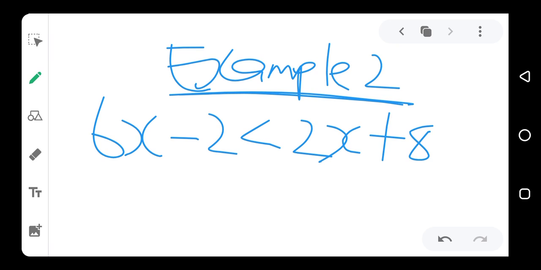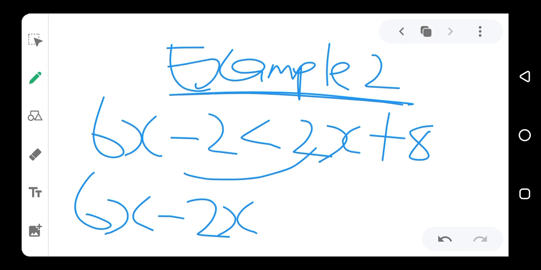Now to solve this, we collect like terms normally. So this one, 2x, coming to this side becomes minus 2x. Then 8 is on the other side. This one has negative here; coming to the other side it becomes positive, plus 2.